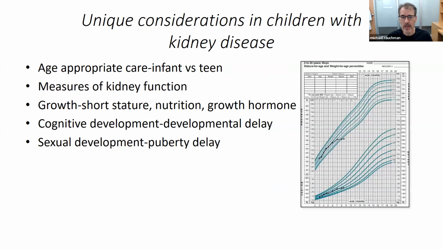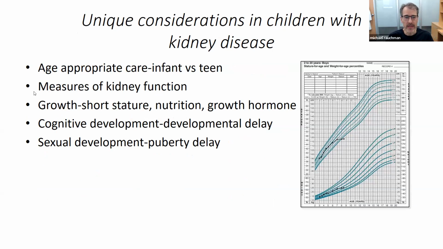I see a lot of adults because I'm not a pediatrician by training, but I know from my pediatric transition clinic that there are unique challenges in children with kidney disease. So the care has to be age appropriate. There's a big difference between treating an infant and treating a teen.